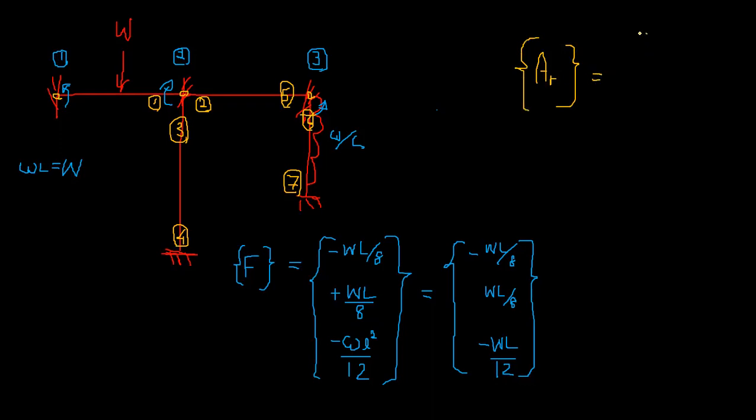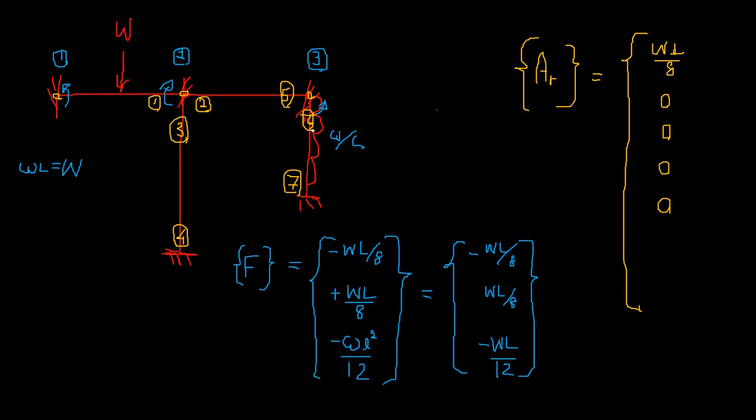That's going to be, first thing is, it is WL of 8. Second is 0, no loading. Third is 0. Fourth is 0. Fifth is 0.